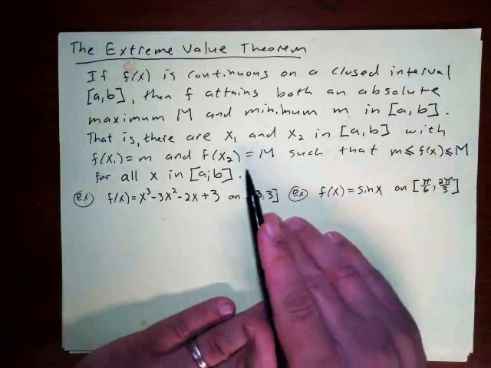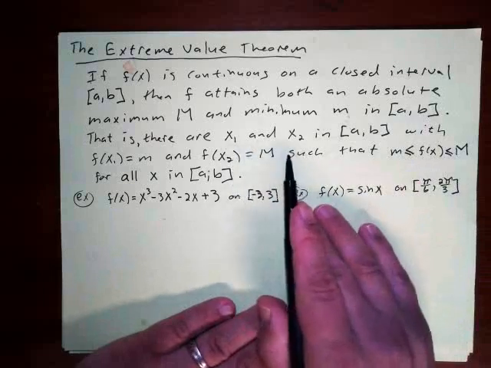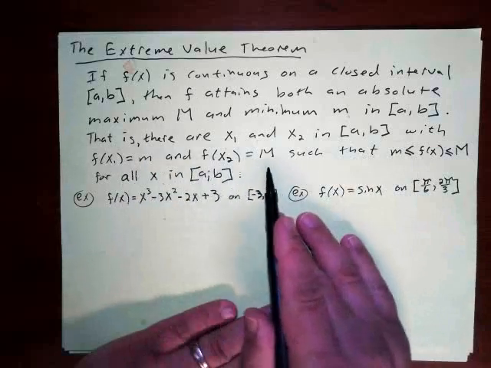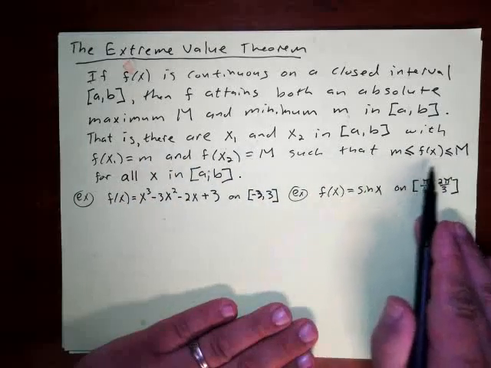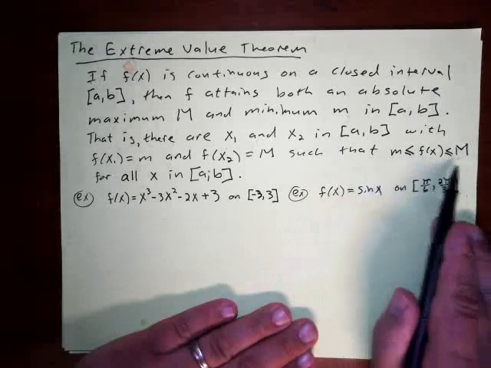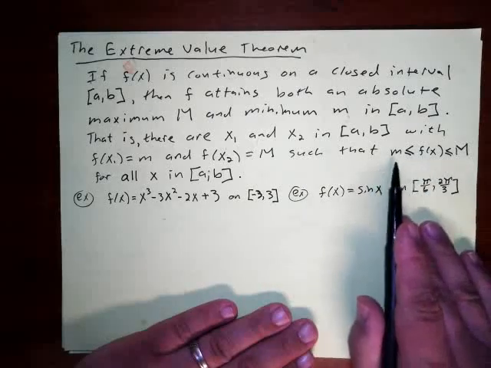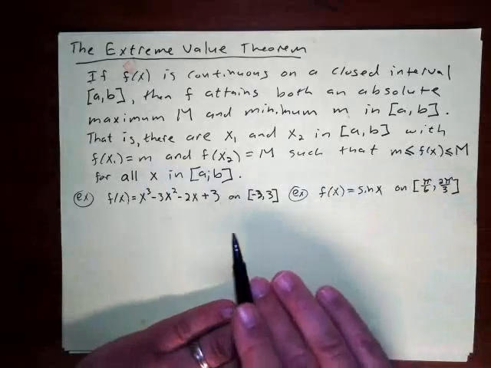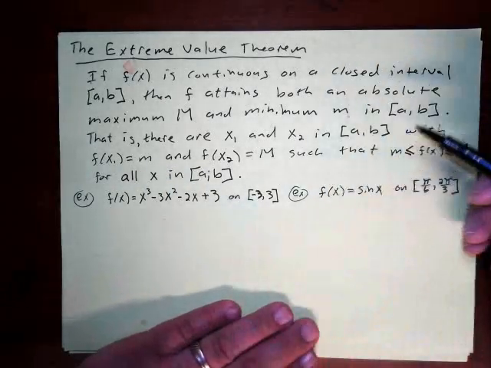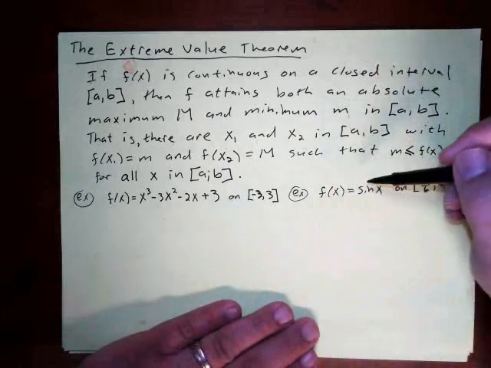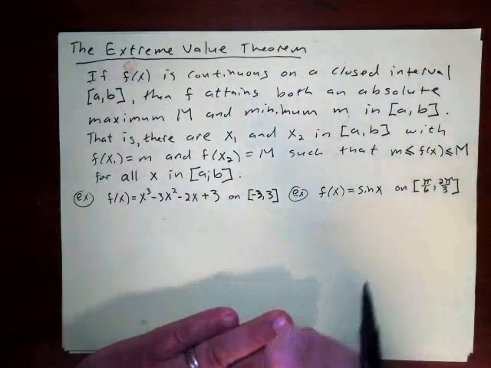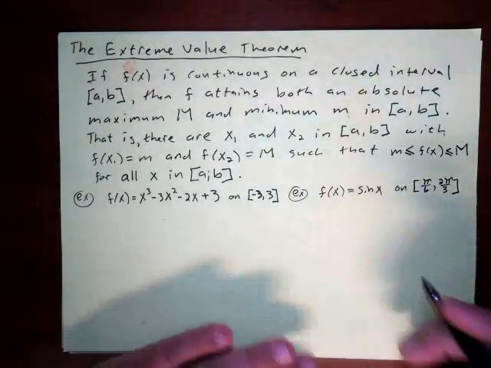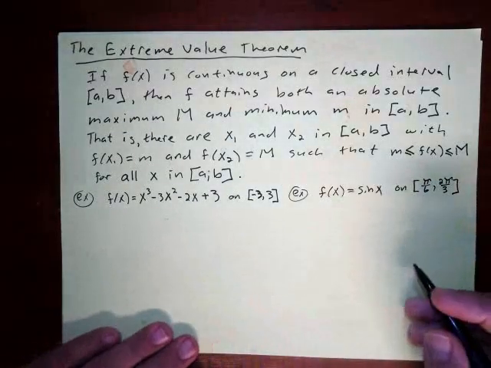Okay, that is, there's going to be two values, we can call them x sub 1, x sub 2, in [a, b], with f(x1) being little m, f(x2) being big M, such that all the values of the function are going to be trapped in between those two values. And these are values of the function. So basically, if you have a continuous function on a closed interval, it will achieve both a minimum value and a maximum value somewhere in that interval.